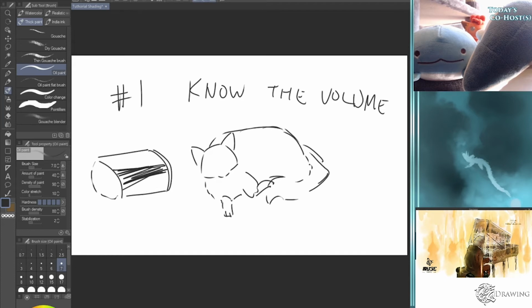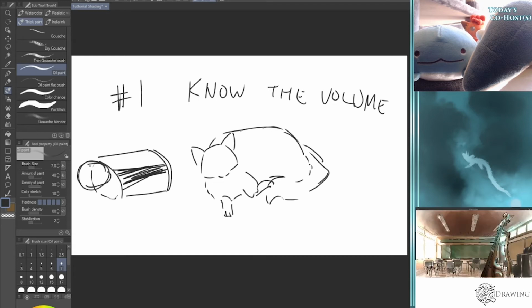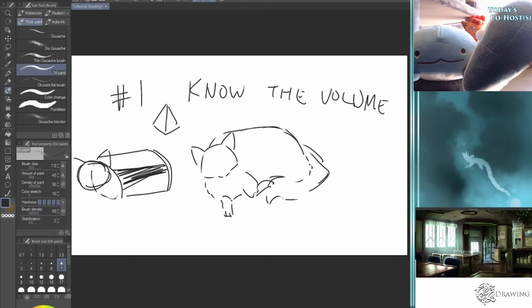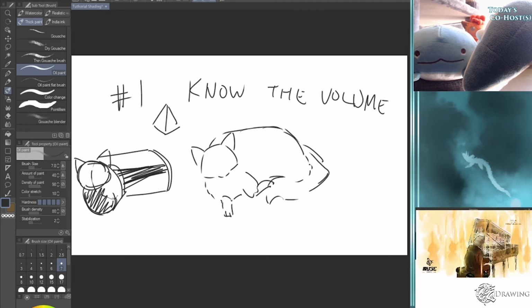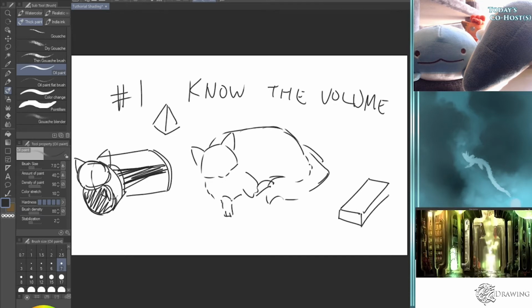The head could be thought of like a sphere, right? The ears are interesting. They're kind of like pyramids. Now, you could split the top into its own separate cylinder if you wanted. Whatever makes sense to you. The tail is also interesting, so I'm going to choose to interpret it like it's a long rectangle like this. A prism.